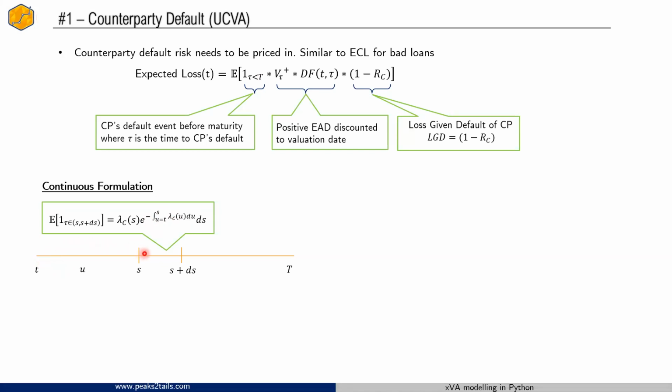Integrate hazard rates up to this point: e to the power minus integral lambda c du, u goes from t to s. This part is the survival probability till this point. Then multiplied by lambda at s ds. We call it the force of mortality.